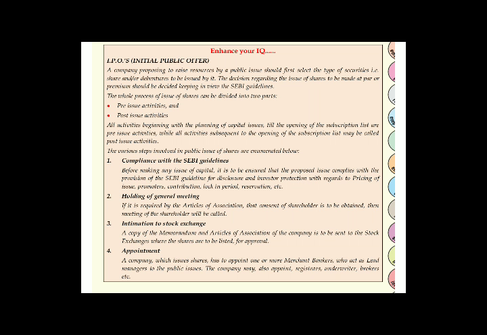Holding of general meeting. If it is required by the articles of association, the consent of the shareholders is to be obtained, then the meeting of shareholders will be called. With respect to shareholders meeting, there are different kinds of meetings in a company: shareholders meeting, annual general meeting, and there are different kinds of resolutions that we will take. All of this you will learn at a later point.